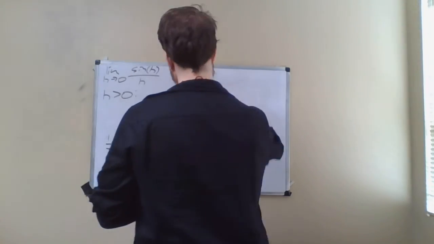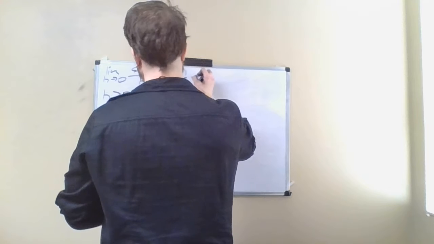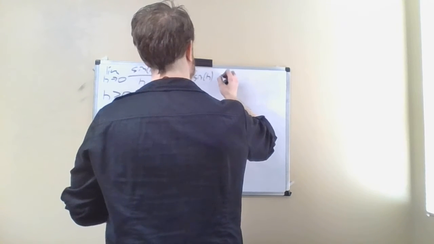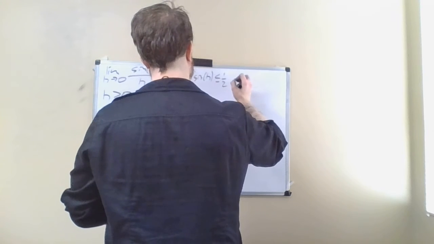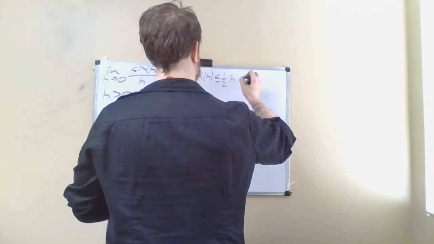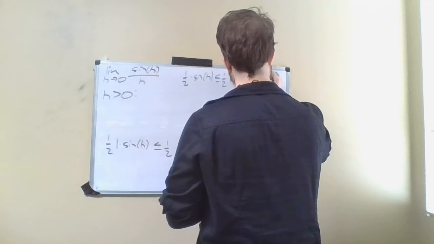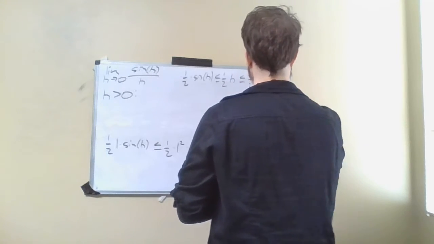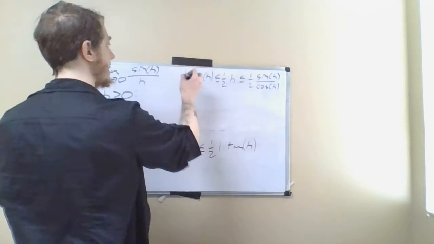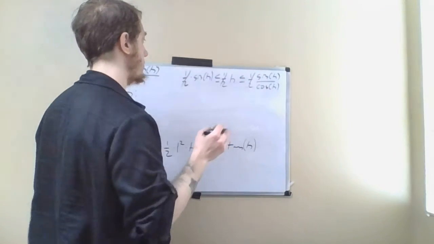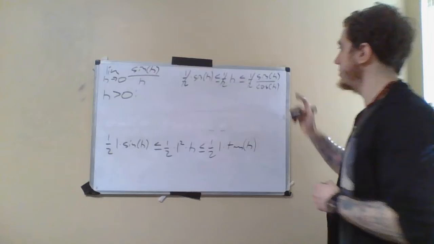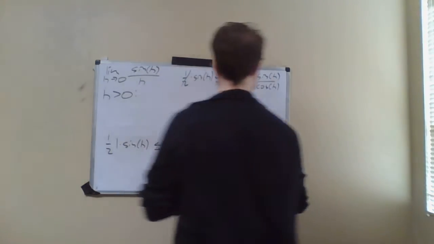What we can say is 1/2 times sine of h is less than or equal to 1/2 h, which is less than or equal to 1/2 sine of h over cosine of h. And I can multiply through by the 1/2 to get rid of it. So I have sine of h is less than or equal to h, less than or equal to sine of h divided by cosine of h.